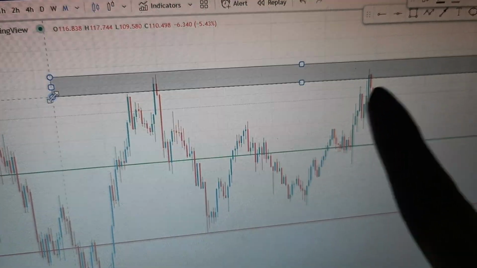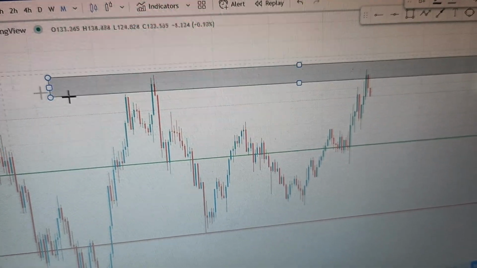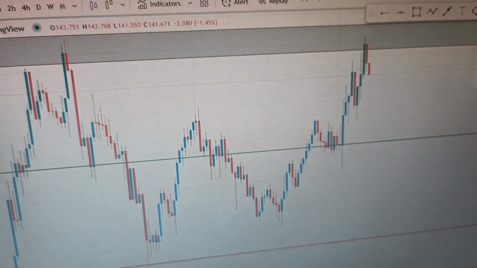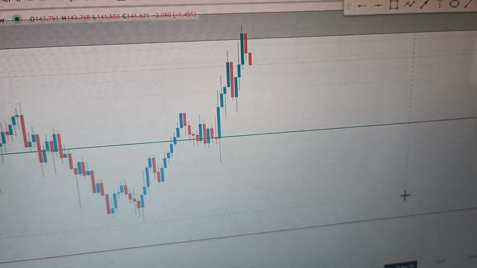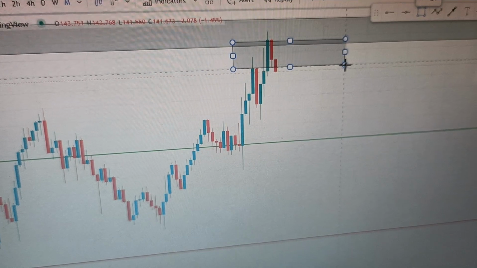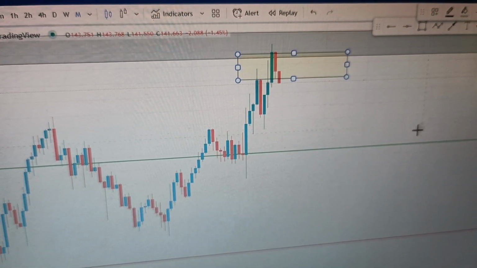So that being said, we have a double top. We have marked our areas. For the entry, or not even the entry, the confirmation of this double top, we always use the WBB strategy. WBB strategy, for those who don't know, means wait, box, break. It is when you put a box and wait for that box to break.